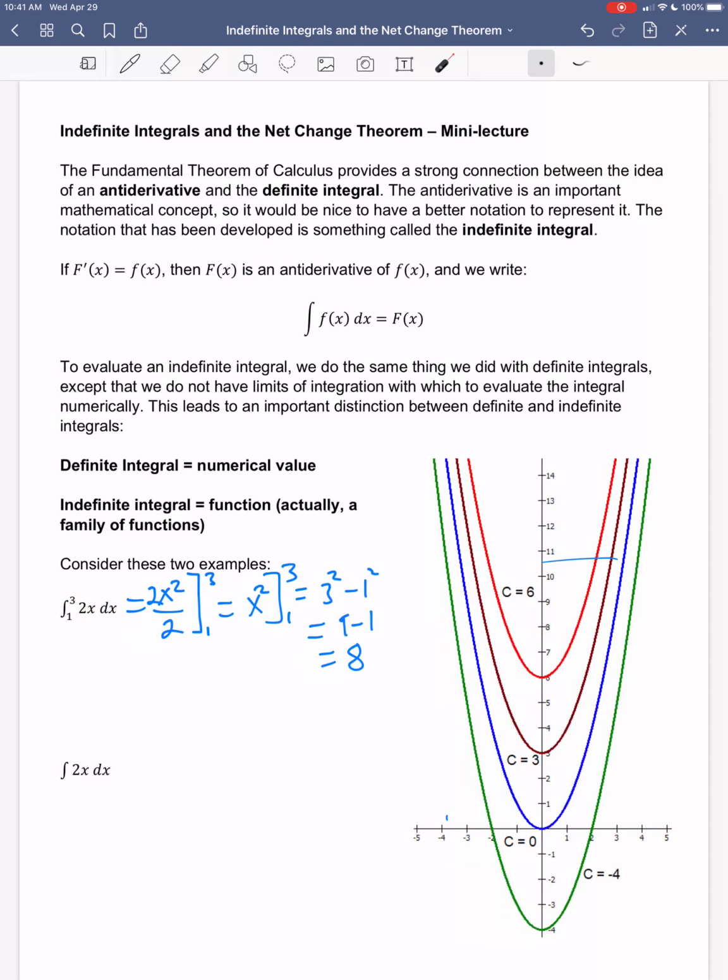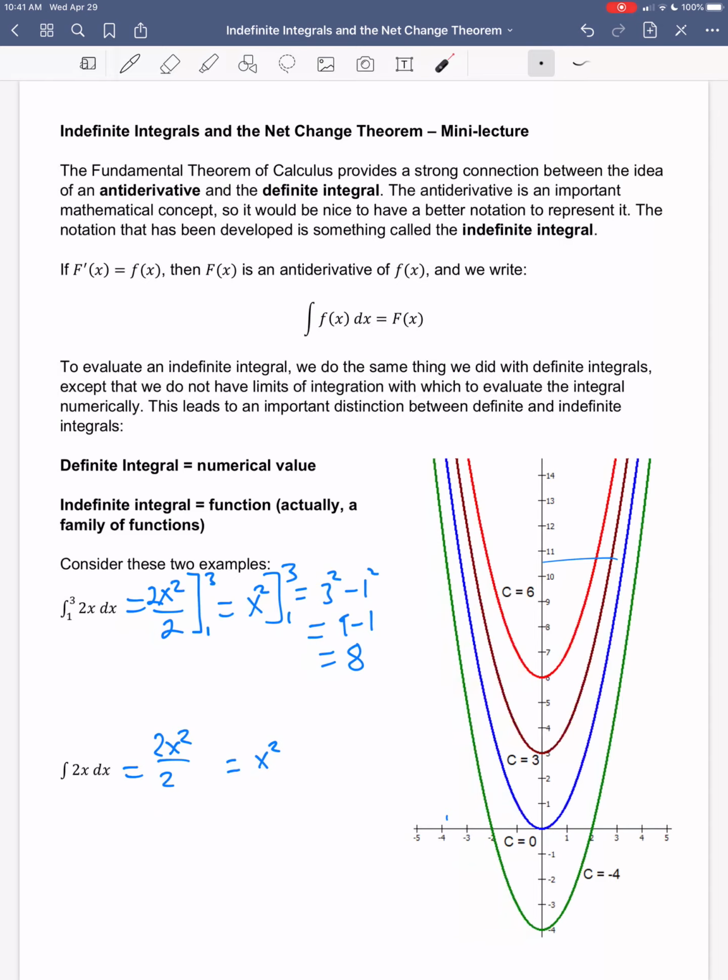This indefinite integral, I take the antiderivative the same way, and we get x squared. But we have this idea we talked about before. When a function doesn't have a unique antiderivative, yes, the derivative of x squared is equal to 2x.